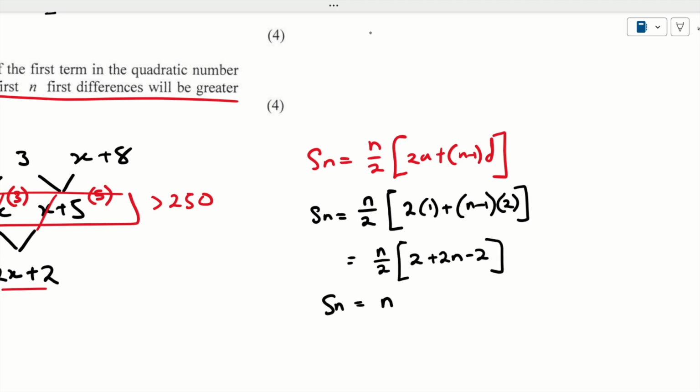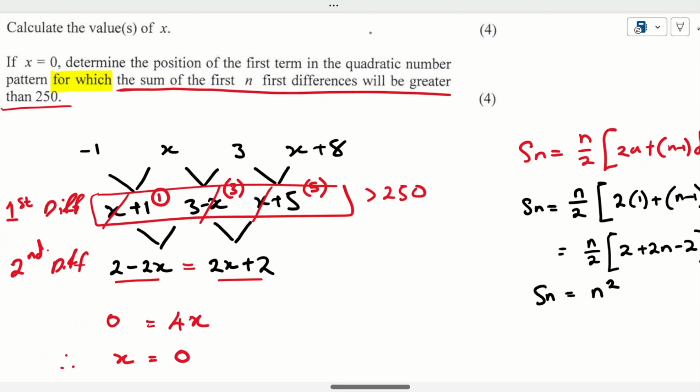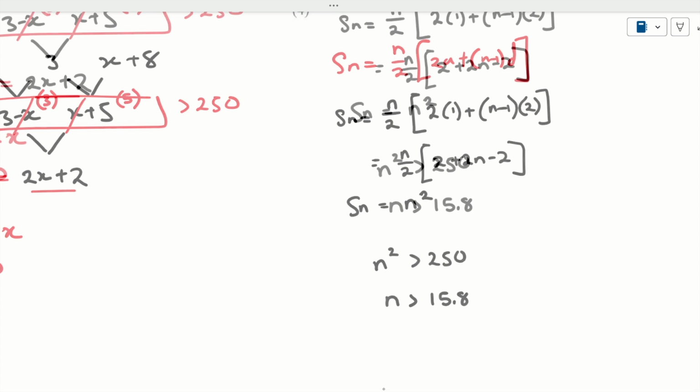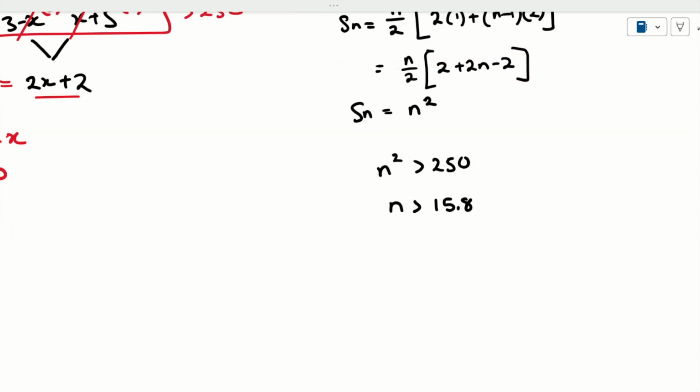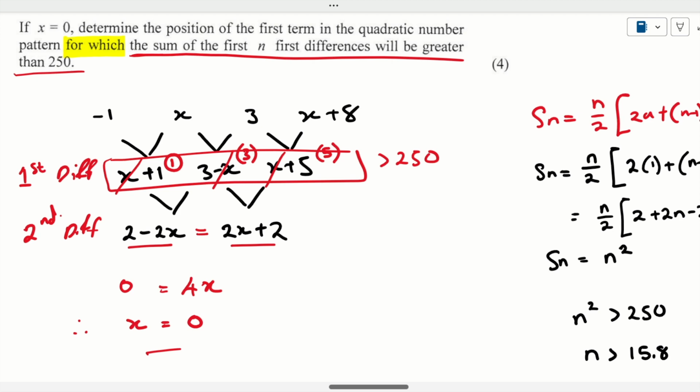Sn is equal to n squared. Remember, they want to know when the sum of the first differences will be greater than 250. So n squared greater than 250, and n will have to be greater than 15.8. Now n is an element of integers, so we round up. When n is equal to 16, the sum of the first differences will be greater than 250.